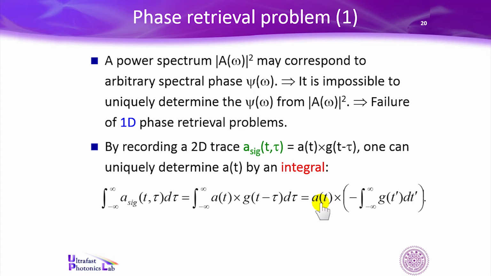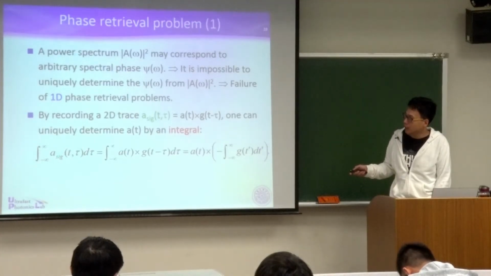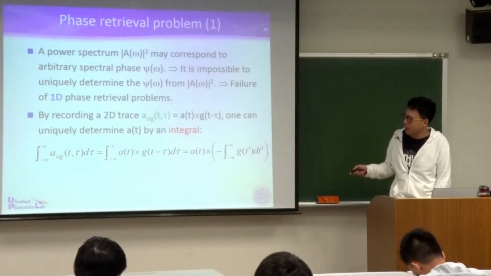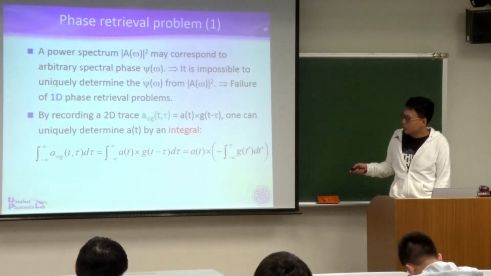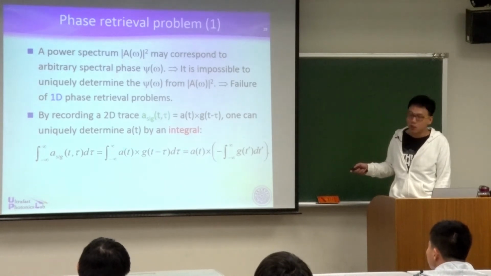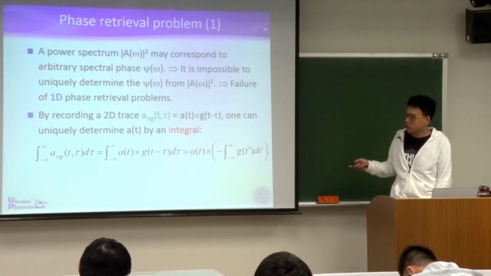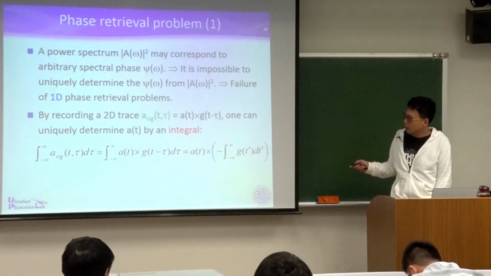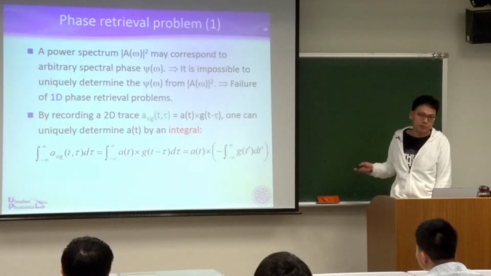Okay, let me show you. Just the integration with respect to another variable, tau. And the integrand A sub sig is replaced by A of t times G of t minus tau. But integration is performed with respect to variable tau, so A of t is just a constant, can be extracted out of the integration. And the remaining term can be integrated.